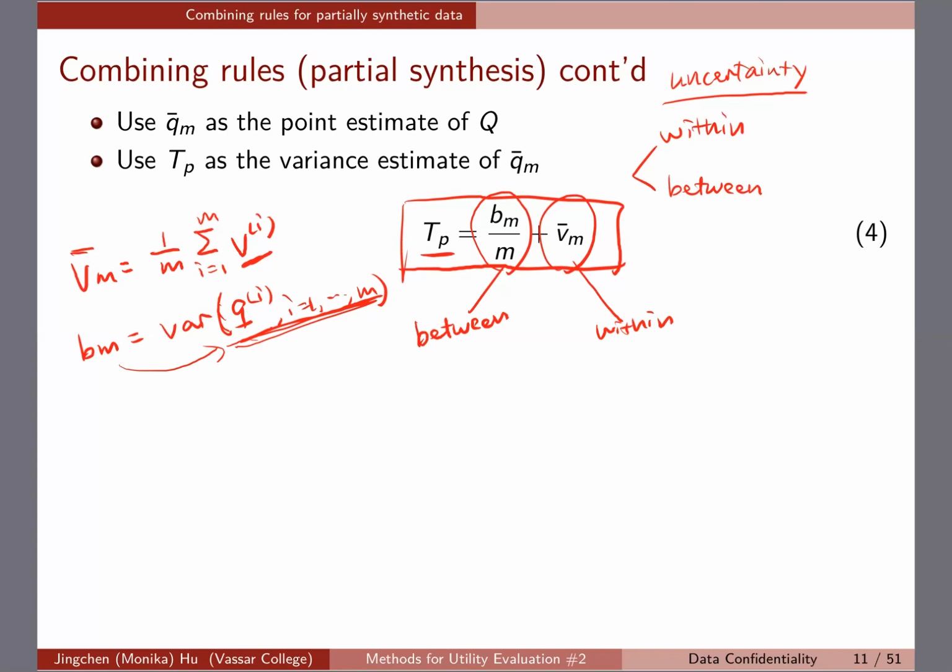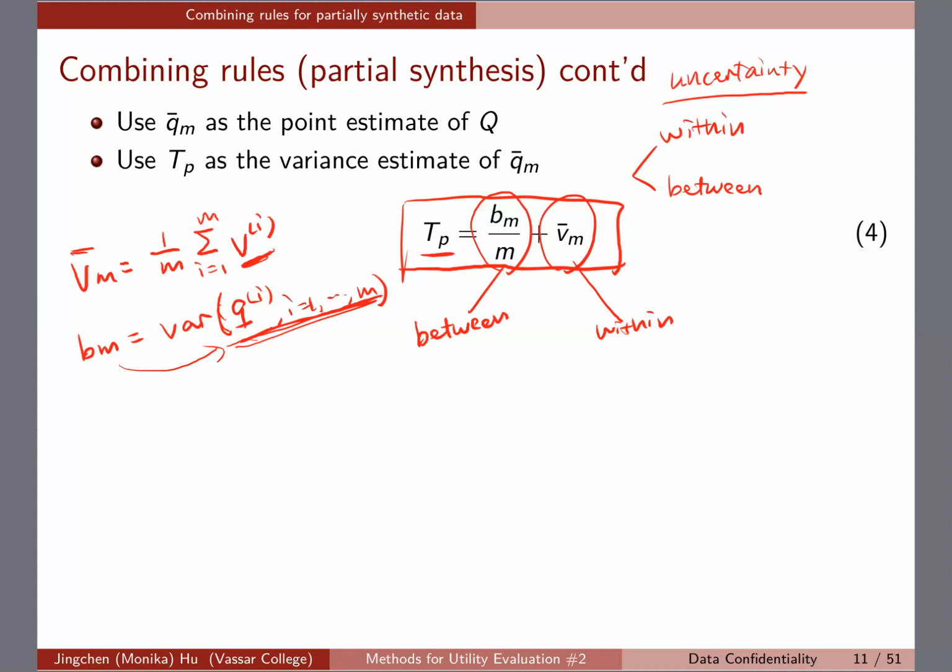So for the other one, we know that VI is already the variance of Q in each synthetic data set, right? So we take the mean. So that's the average within variance of each synthetic data set. Okay. Whenever we think about variability or uncertainty, the combining rules are really here to capture all sorts of uncertainty in the most reasonable way.